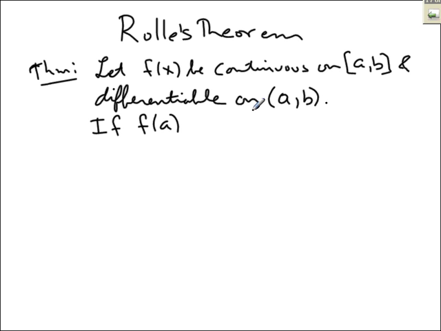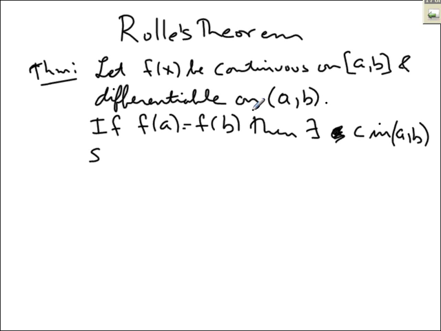If it turns out that f of A equals f of B, then there exists, that's the symbol for there exists, our C value. Then how about we just say there exists C in the open interval AB such that f prime of C is 0.